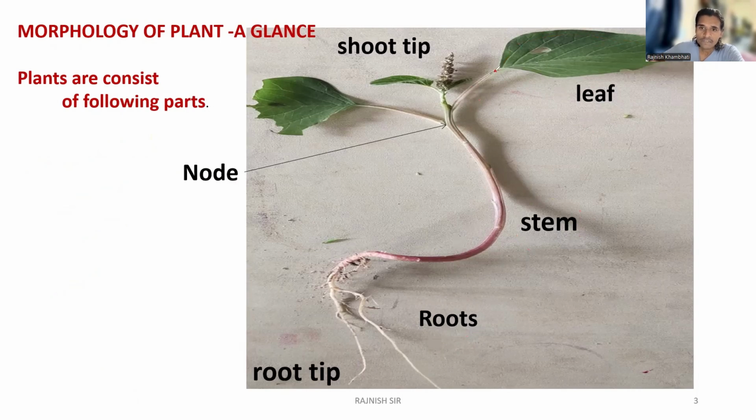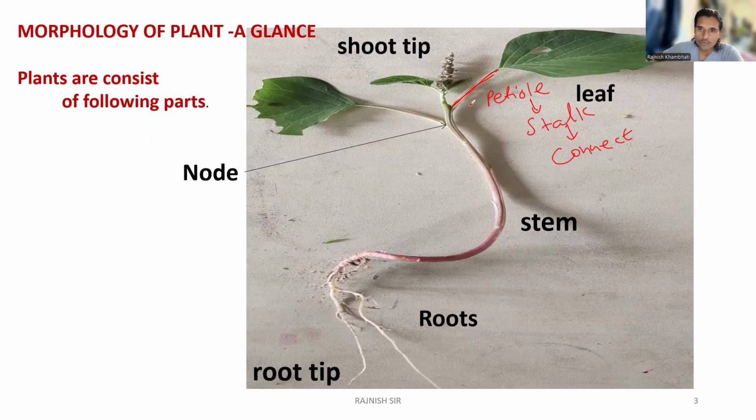This portion of the leaf is known as the petiole. The petiole is basically a stalk-like structure which is holding the leaf and connecting the leaf to the stem. The stalk's function is to connect the leaf with the stem.